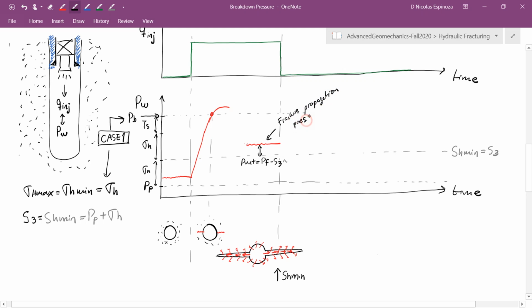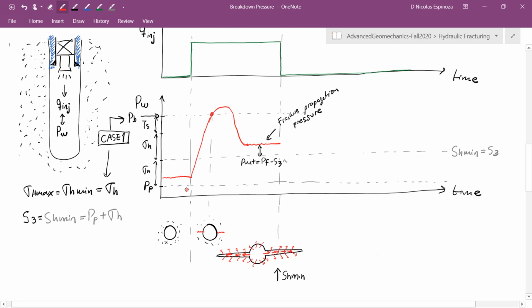We're not in conditions yet to tell what this fracture propagation pressure is, but we're going to see that later on. All right, so as we have this peak and we have this fracture propagation pressure, then eventually these two have to connect. And this is what is going to happen.